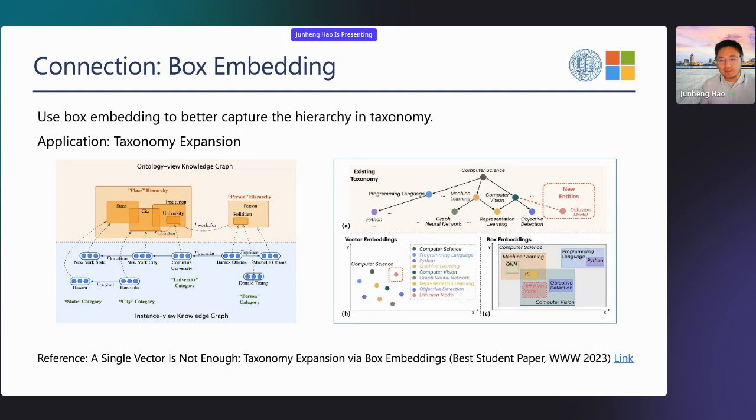Some recent works from my colleagues are modeling the taxonomy or the ontology in the box embedding space, where box embeddings are even better for encoding the logical constraints, super or child class neighbors, and their logical connections. Those are some extendable connections to box embedding based taxonomies or ontologies.